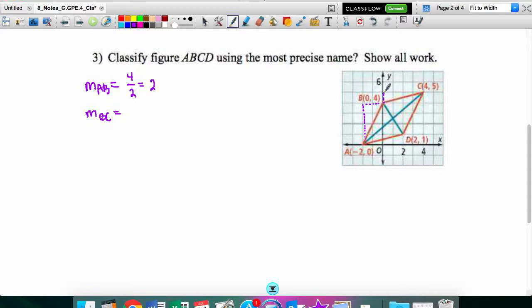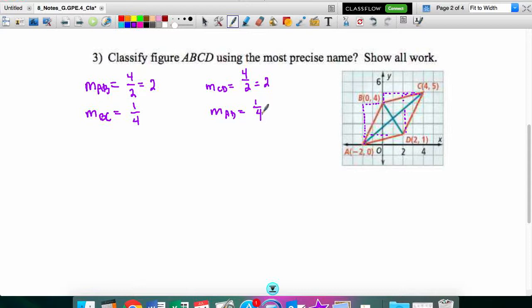Let's find our next slope, BC. BC looks like it rises 1 and runs 4. So our slope will be 1 over 4. Let's find CD. For CD, it looks like we rise 4 and run 2. So we have 4 over 2 or 2. Slope AD will rise 1 and run 4.